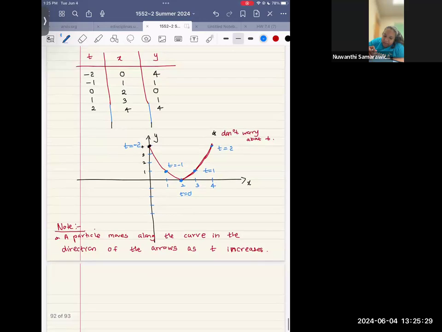So let's just consider x. When t is increasing, from t equal to -2 to -1, what happened to the x values? Is it increasing or decreasing?